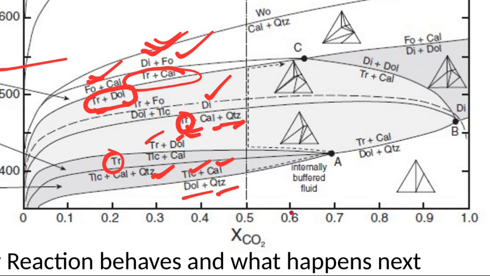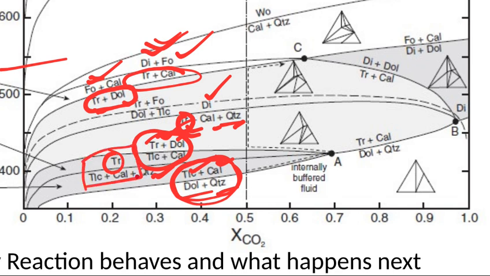This is if the system is an open system. If the system is a closed system, then what will happen? This reaction is constant. First this reaction will take place, but after that directly this reaction will take place. Talc, dolomite plus quartz will form talc plus calcite. Then talc plus calcite will form tremolite plus dolomite.